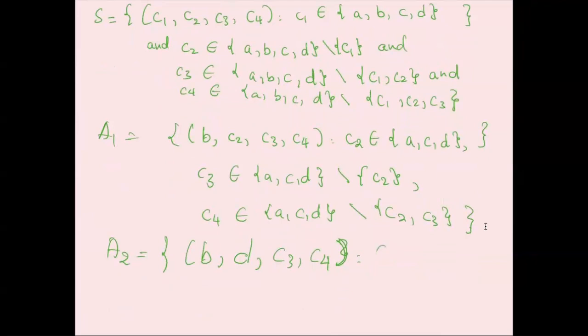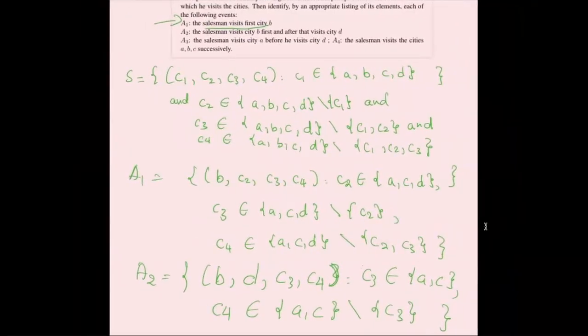So I can choose them. CD3 can be A or C, and then CD4 will be A or C, excluding CD3. Any question about this one?